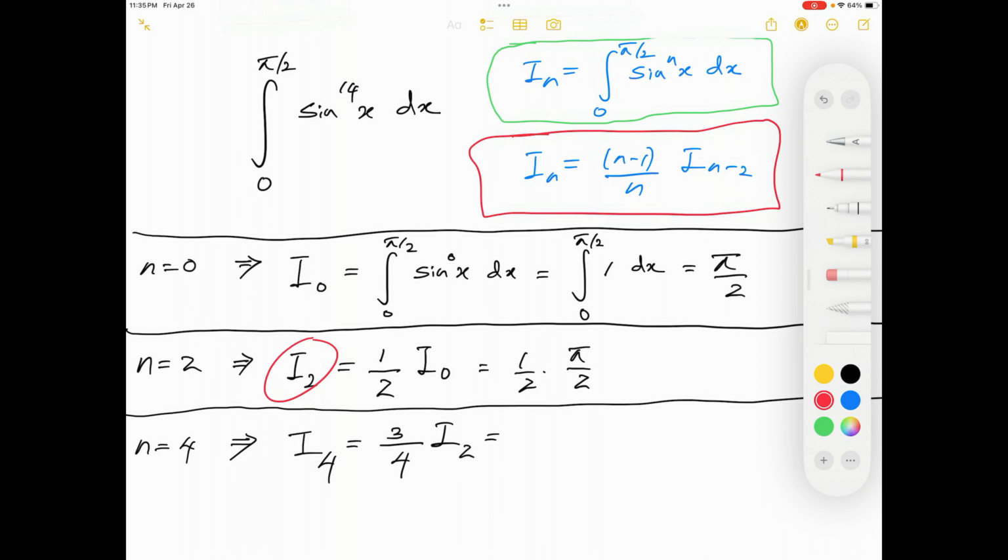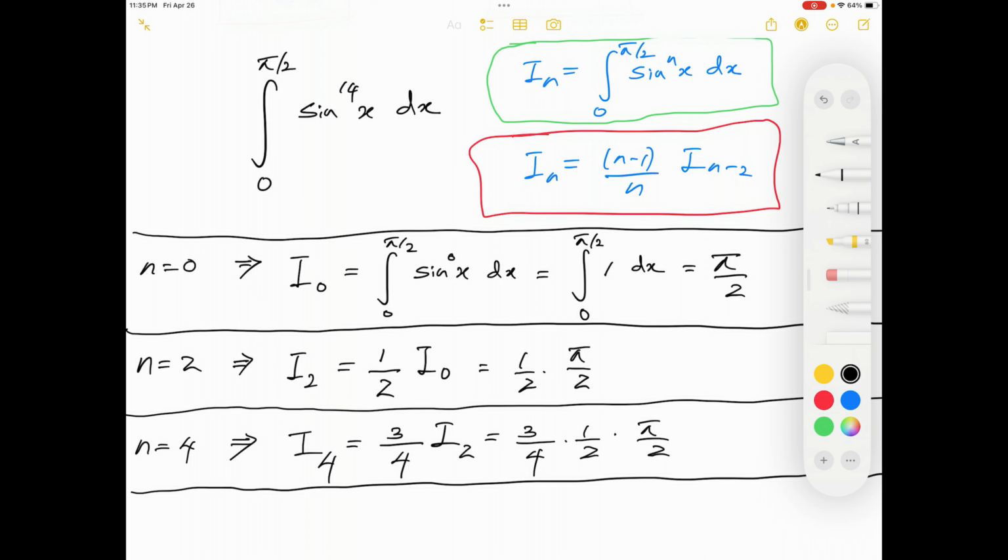I sub 4 minus 2 is equal to I sub 2. In the previous step, we showed that I sub 2 is equal to 1/2 times pi over 2. So we are going to use that result here. It will therefore be 3/4 times 1/2 times pi over 2.